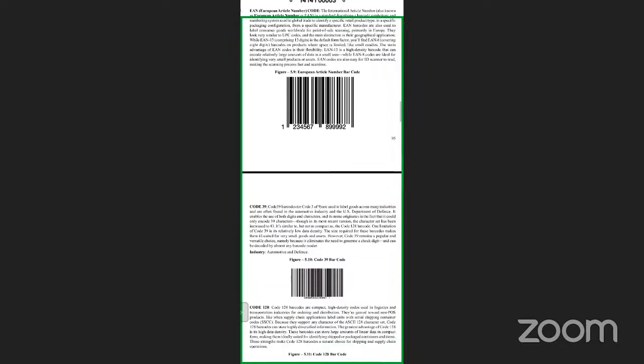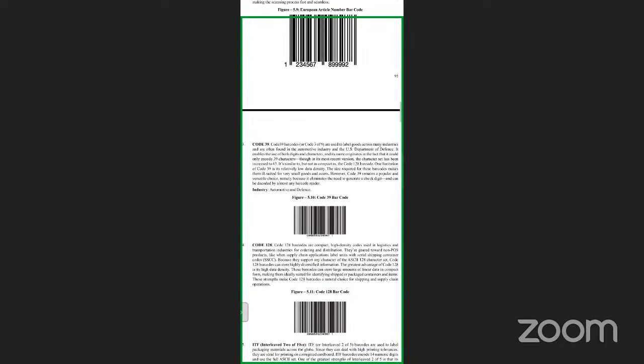Next one is Code 39. Code 39, or Code 3 of 9, is a barcode used to label goods across many industries, and it is often found in the automotive industry and the US Department of Defense. It enables the use of both digits and characters.